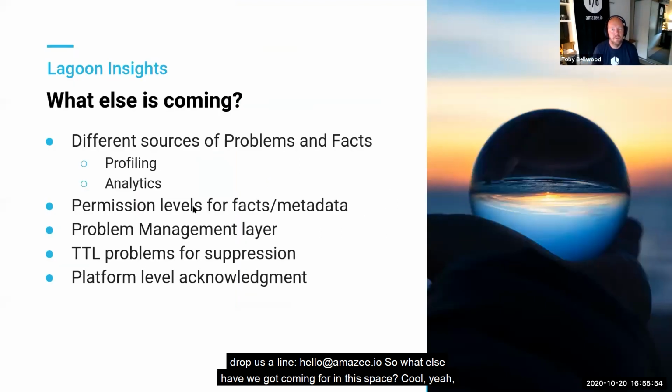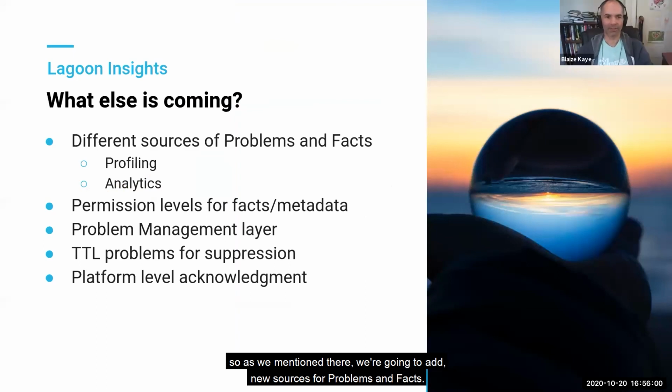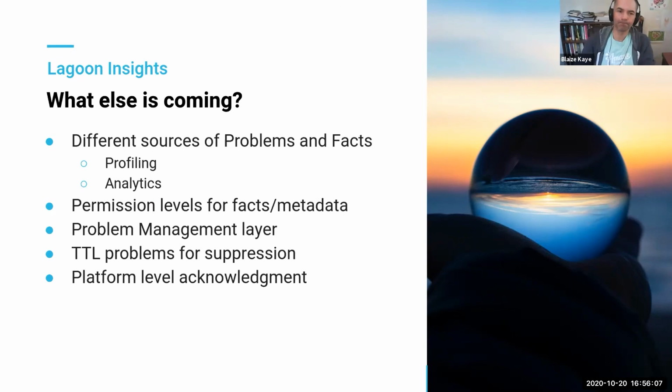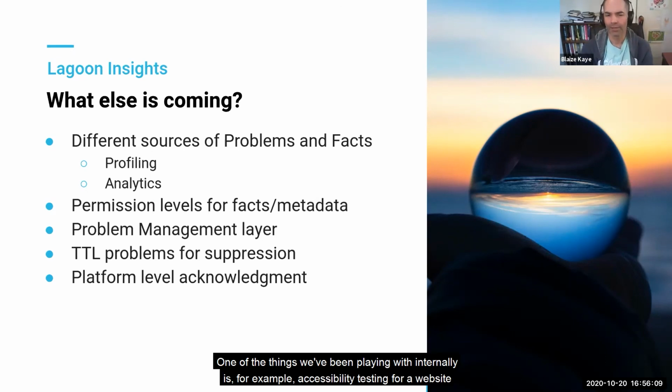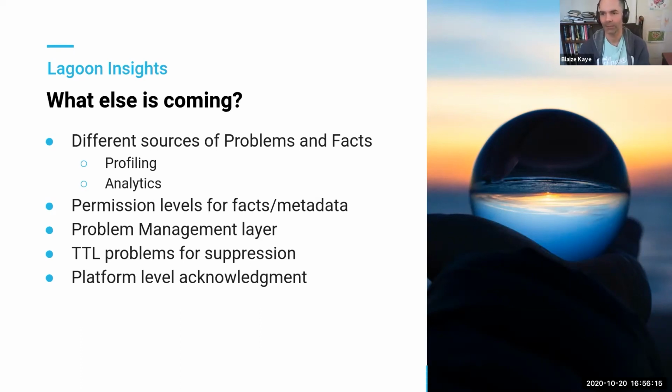So what else have we got coming in this space? Cool. As we mentioned, we're going to add new sources for problems and facts. One of the things we've been playing with internally is, for example, accessibility testing for websites.